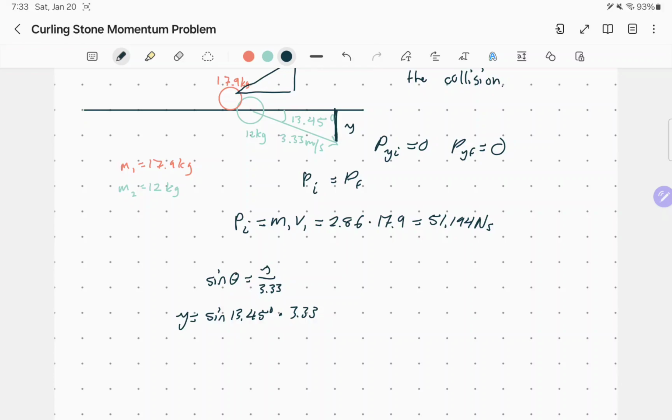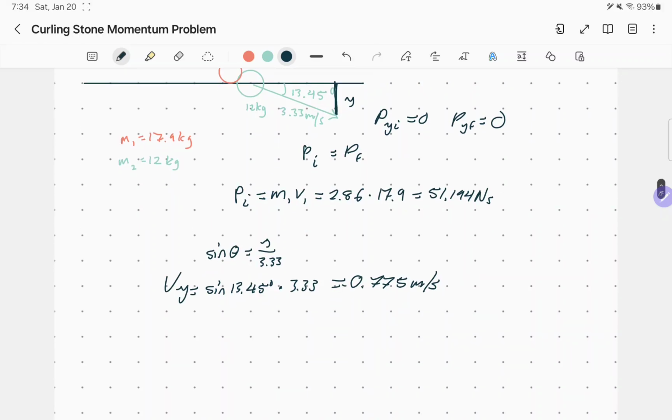And this is going to be our velocity in the y direction, I should mention. Plugging this in, make sure that your calculator is in degree mode. So we get sine of 13.45 times 3.33, and this will give us 0.775 meters per second downwards.